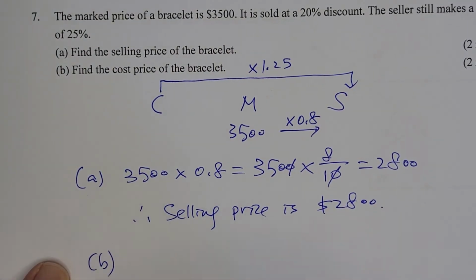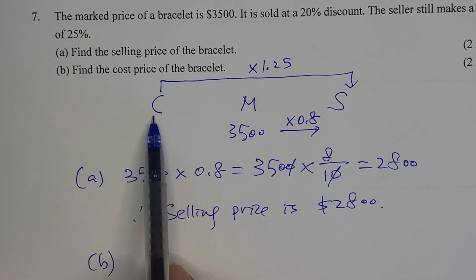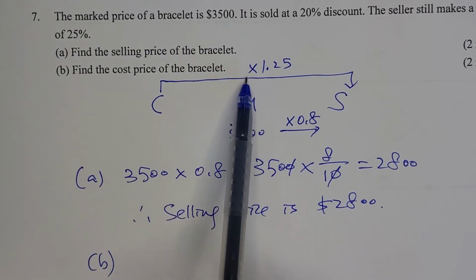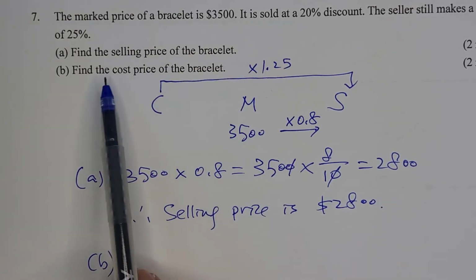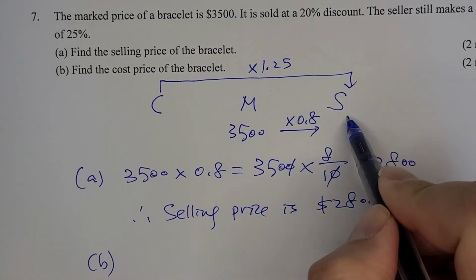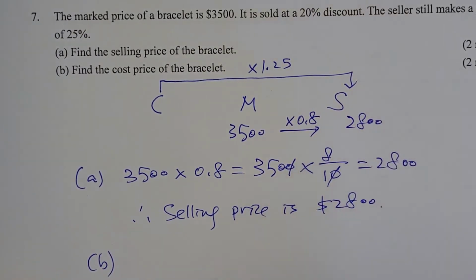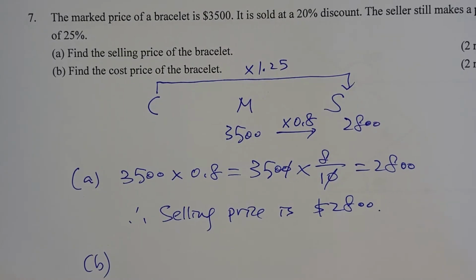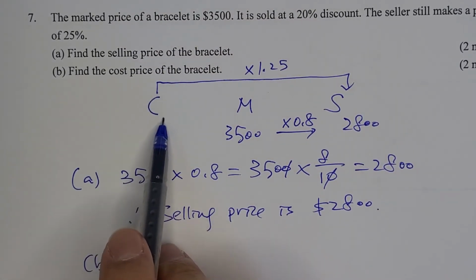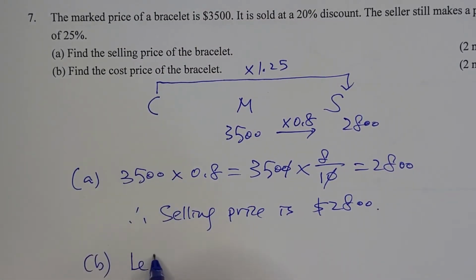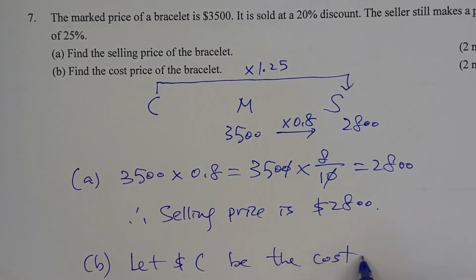And part B, as you know that the cost price multiplied by 1.25 will be equal to selling price. You find the selling price is 2,800, right? So you need to set the unknown C. Let C be the cost.